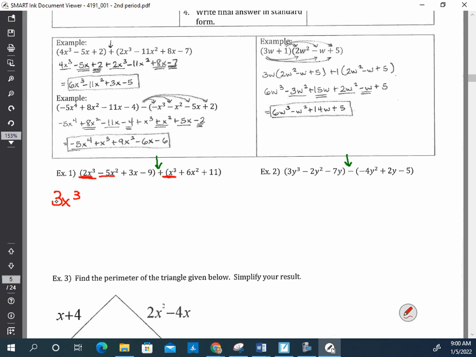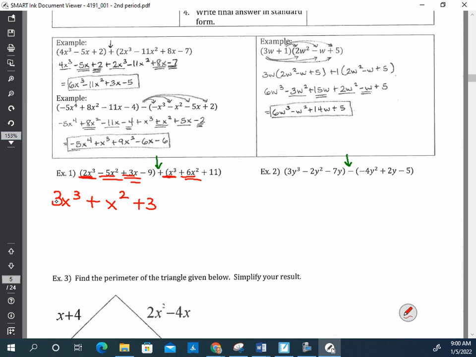Next part, negative 5x squared. What can I combine with negative 5x squared? 6x squared. Negative 5 plus 6 gives you what? 1x squared. If you want to put the 1 in front, that's fine, but you don't need to. 3x. Is there anything for the 3x to go with?